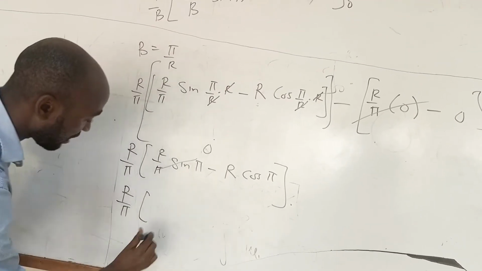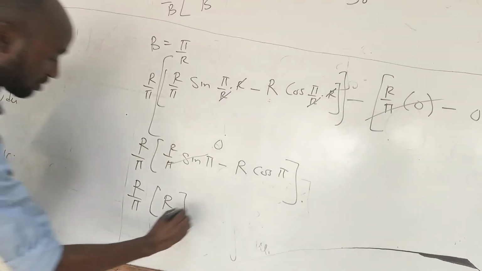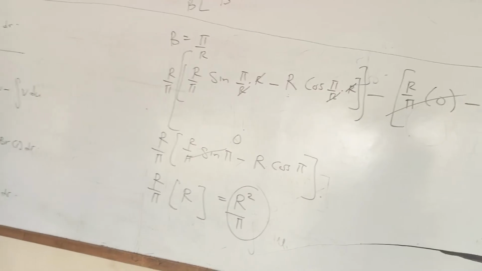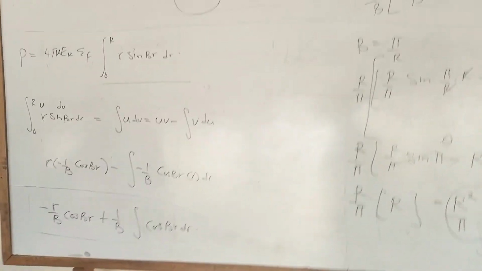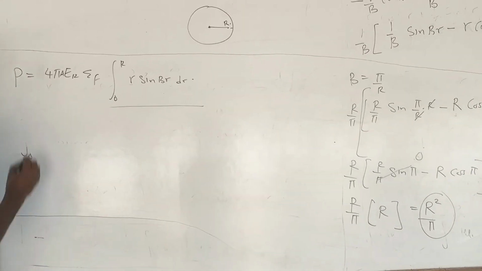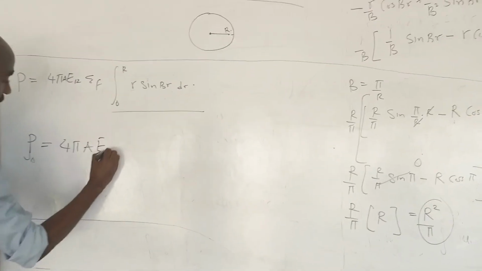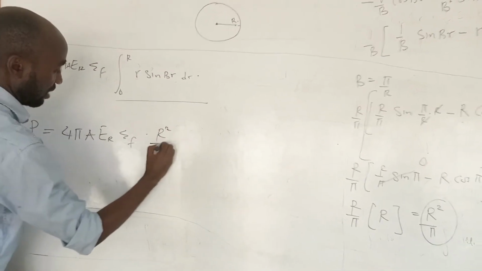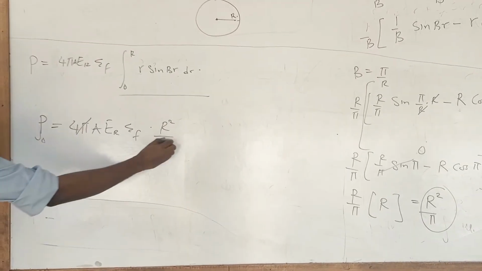So the entire thing here will now be what? This now will give R squared over pi. So we can go back and put it here. Now P is equal to 4 pi A ER EF R squared over pi. Pi will cancel pi.